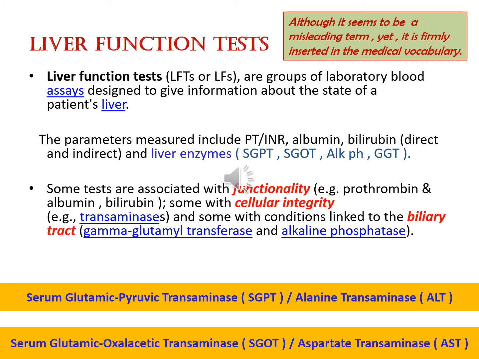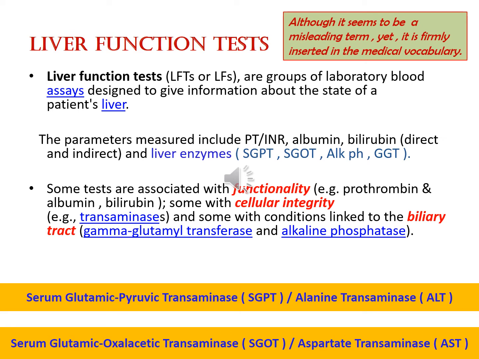Actually, liver function tests are groups of laboratory blood assays designed to give information about the state of the patient's liver. The parameters measured include prothrombin time, INR, serum albumin, serum bilirubin, whether direct and indirect, and liver enzymes, SGPT, SGOT, now called ALT and AST, alkaline phosphatase, and gamma GT.